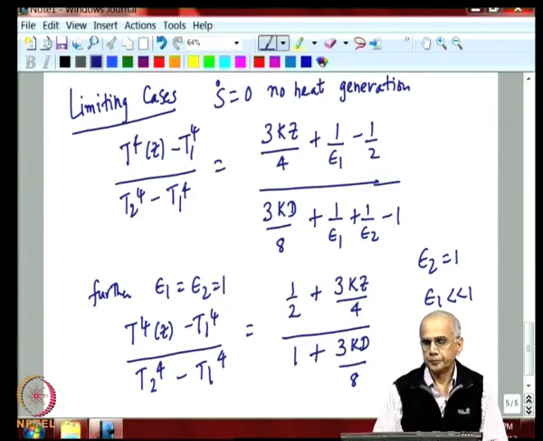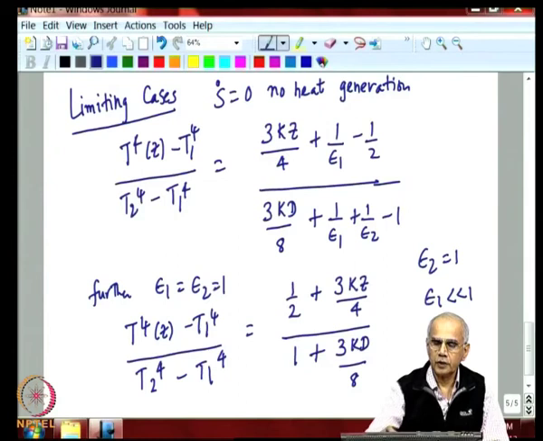So, what you will find is that this term drops out, this term dominates, and if indeed it dominates over the term having the extinction coefficient, then the temperature, if this is very small epsilon 1, and so this term dominates.